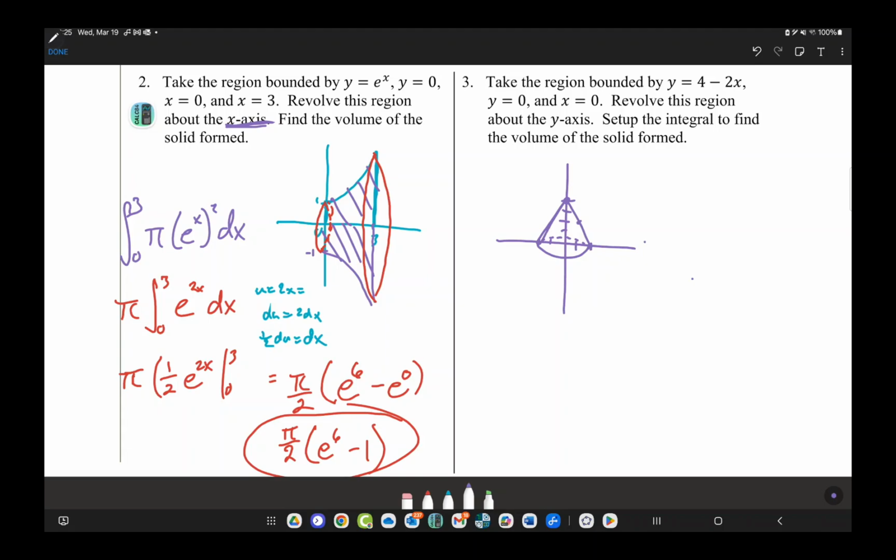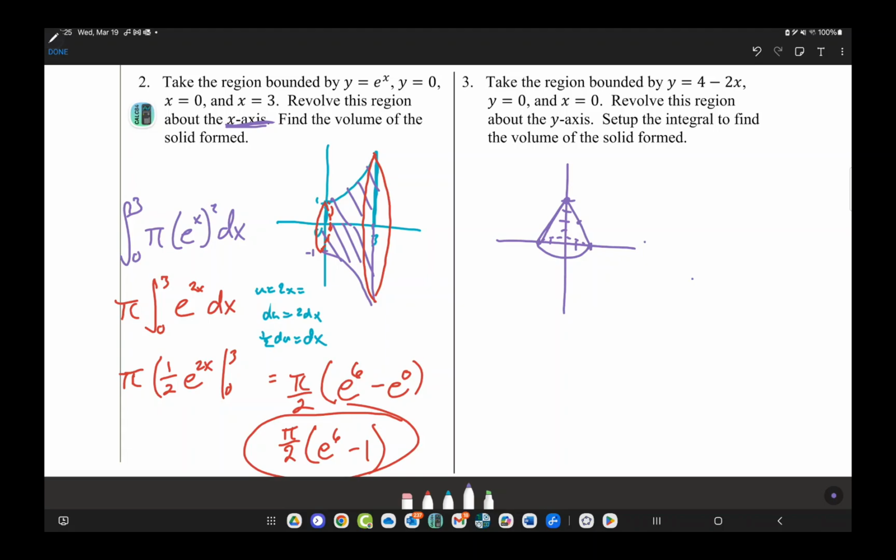Yeah, 1/3 the area of the base times the height. Since the base is a circle with a radius of 2, the area of that base is 4 pi. Height is 4, so what's 1/3 of 4 times 4 pi? 16 pi over 3. So there's your volume, because we know how to do the volume of a cone.